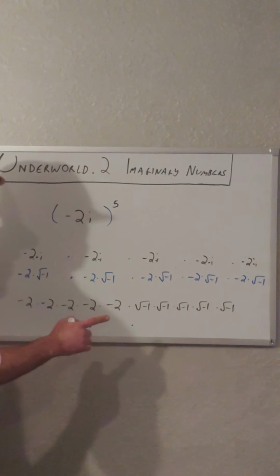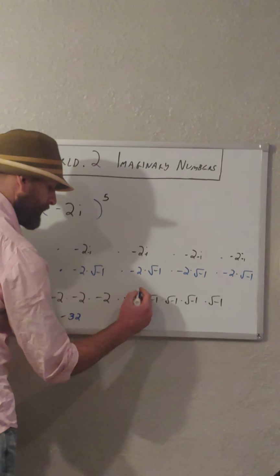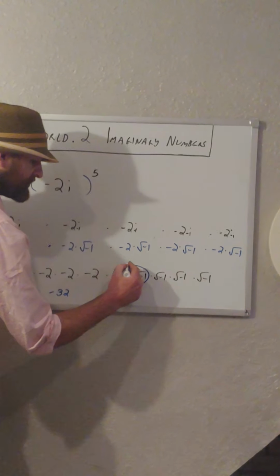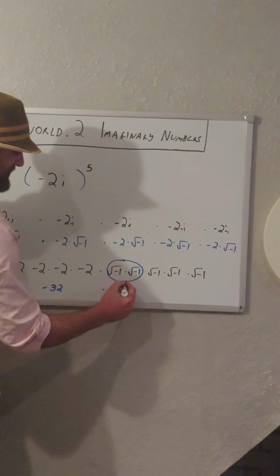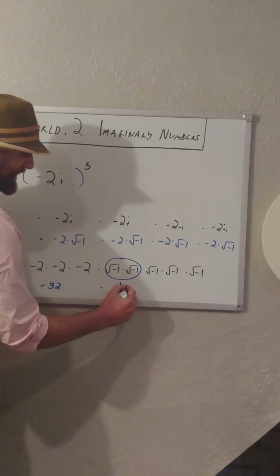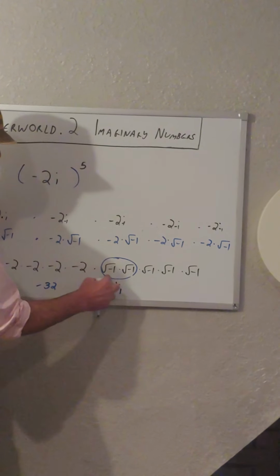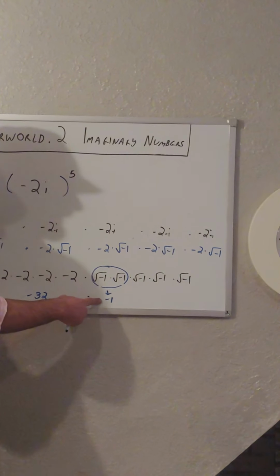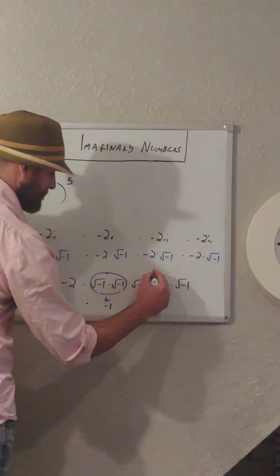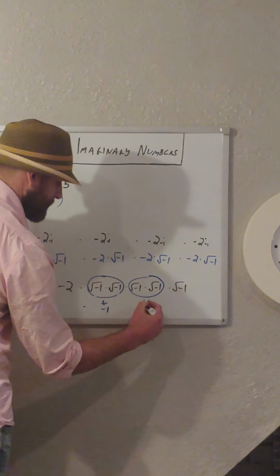Okay, so anytime you have a square root, multiplying 2 of those square roots together always gives you the number that's on the inside of those square roots. So in this case, because both of these are -1, 2 of those are going to turn into a -1, right? And same thing with this.